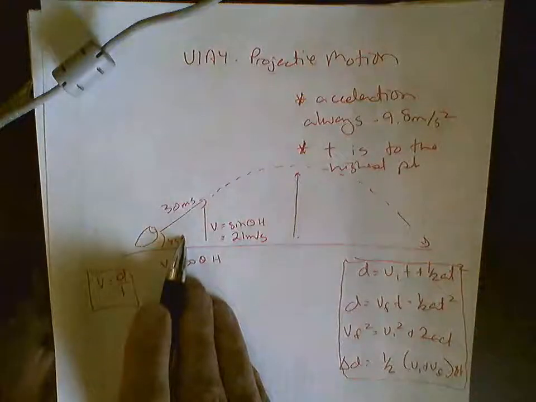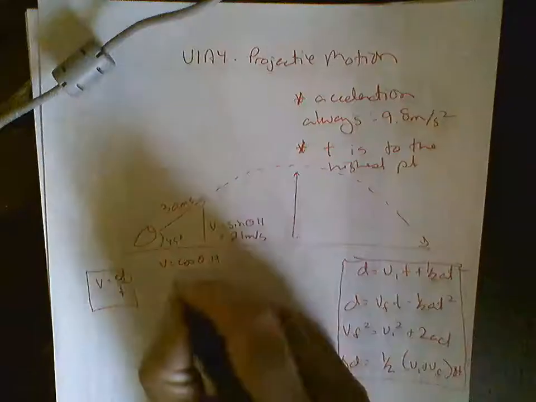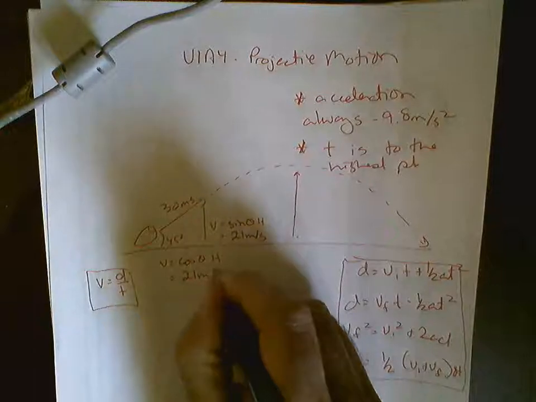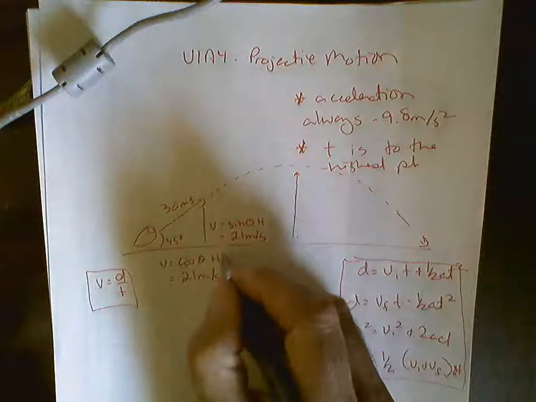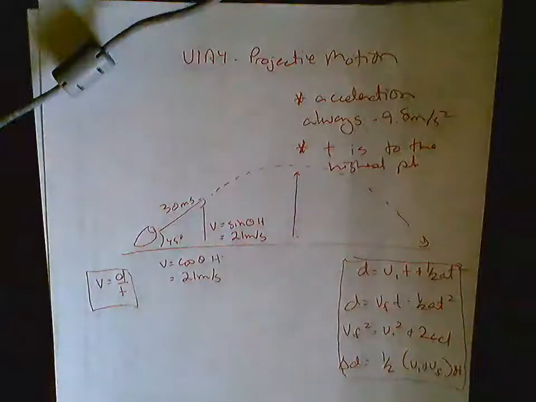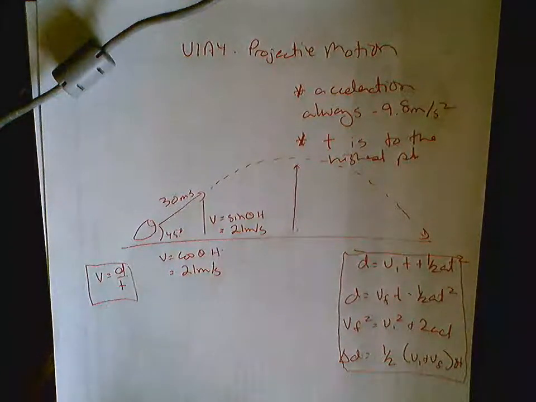Because we used an angle of 45 degrees, we're going to get the exact same value over here, 21 meters per second. Remember, I took the cos of 45, which is 0.707, and multiplied it by the hypotenuse, which is 30, to get those numbers.